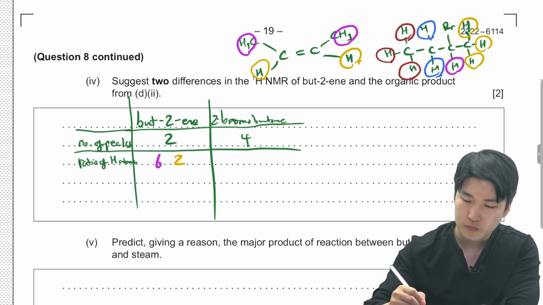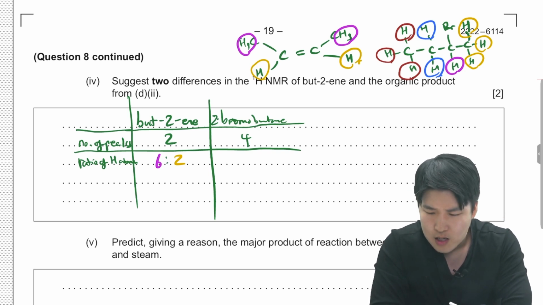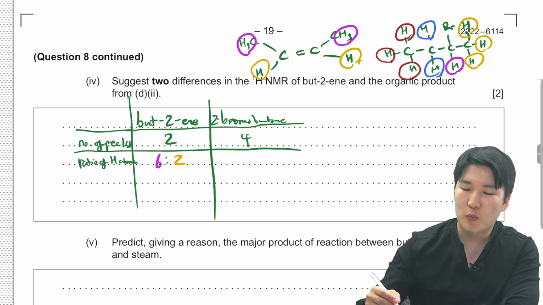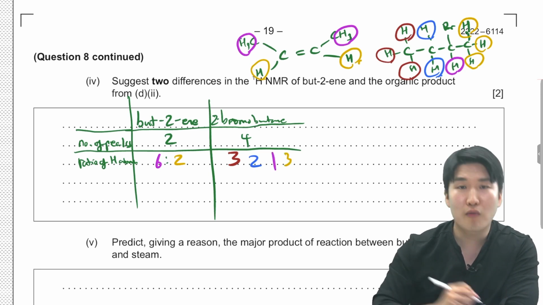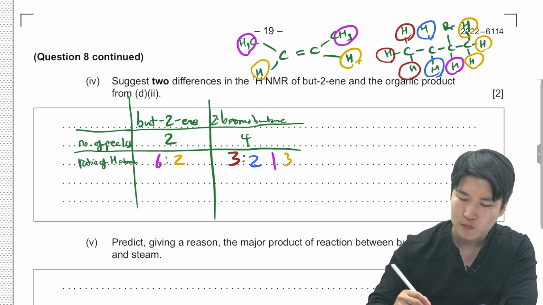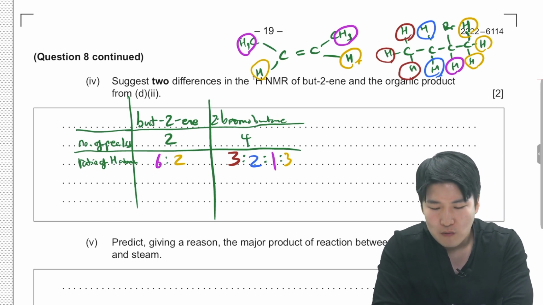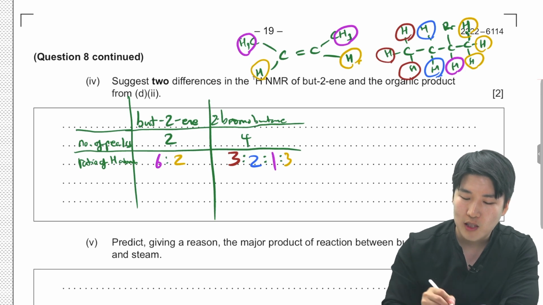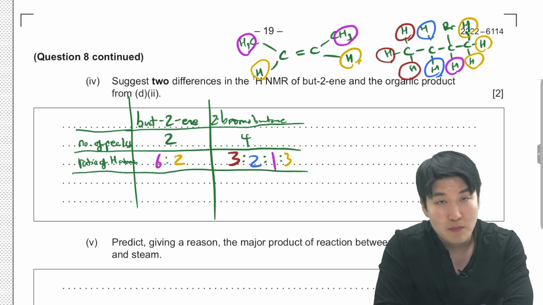We'll have a 6:2 ratio for our but-2-ene. However, for our 2-bromobutane, we will have a 3:2:1:3 ratio. Now, that's all we need to know for SL level, but for higher level we can go further to contrast the two spectra.